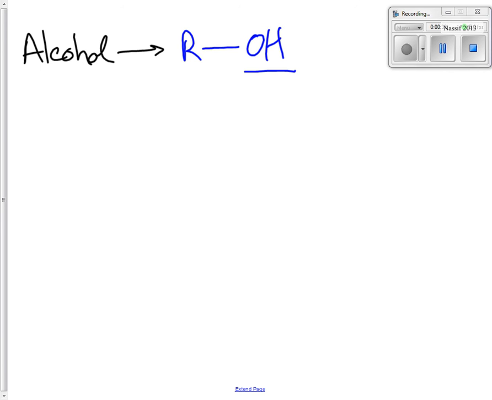All right? Now, our next group are the ethers. Now, ethers are a pretty interesting group. They're very similar to alcohols in their structure. Now, ethers have what structure?